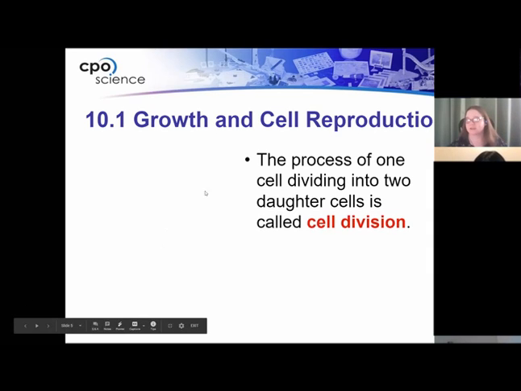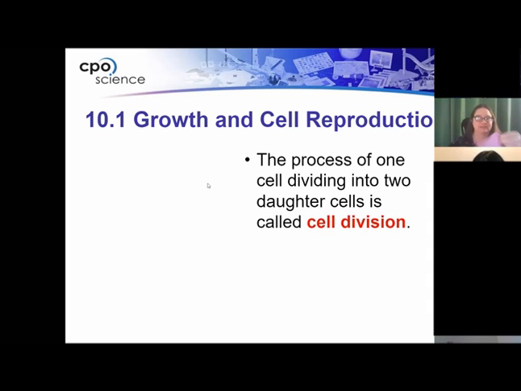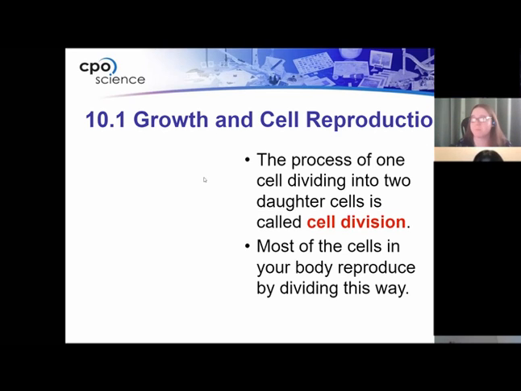All right, so one cell dividing into two daughter cells. That is cell division, but it's more like multiplication. Ba-dum-bum. Most of the cells in your body reproduce by dividing this way.